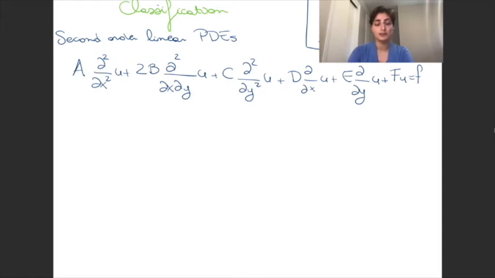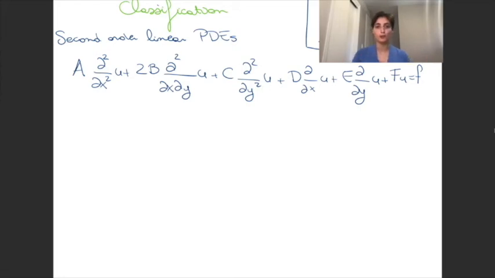I actually did not specify that we're going to be restricting ourselves to 2 dimensions. It could be higher. All the things we're going to be talking about can be extended to higher dimensions. Most examples we're going to be looking at stop at 2 dimensions just because going to higher dimensions is very cumbersome notation. So this is the most general second-order linear PDE in 2 dimensions.